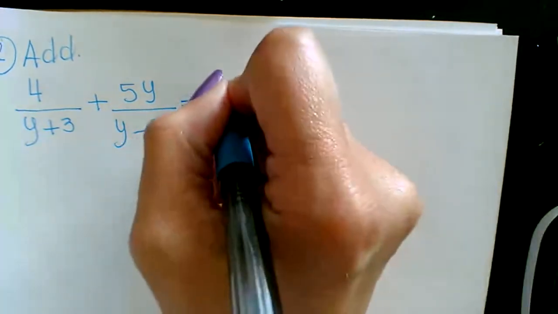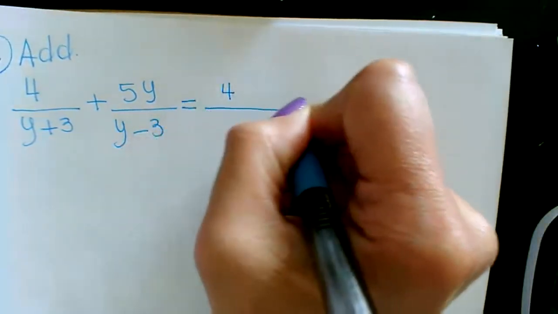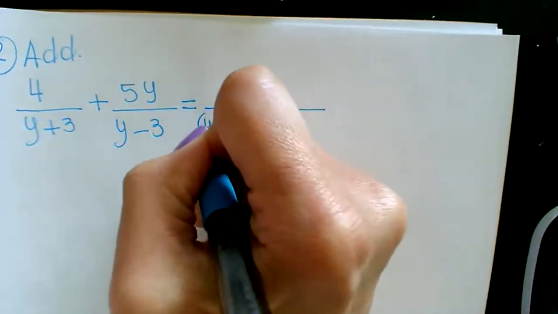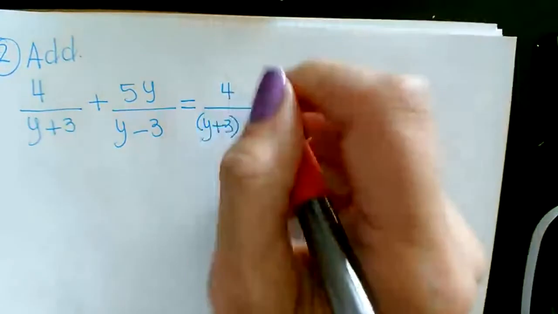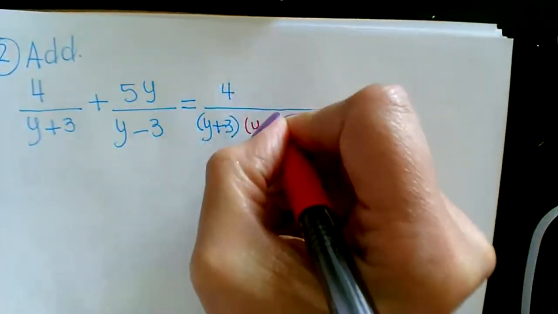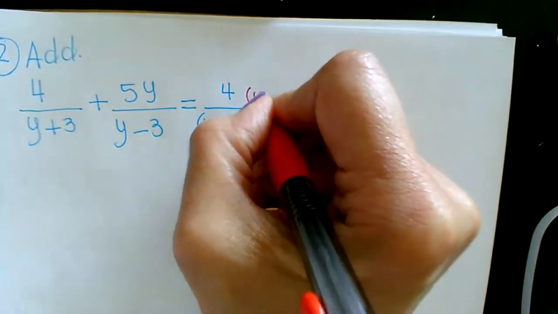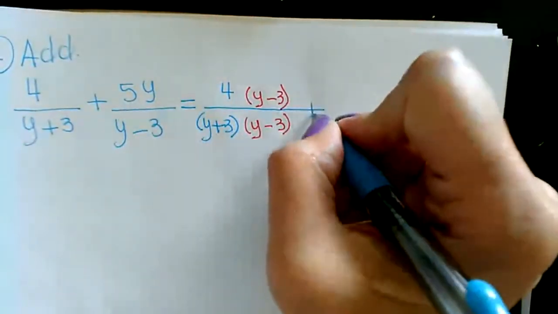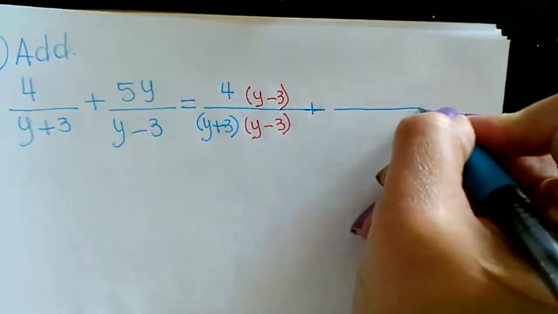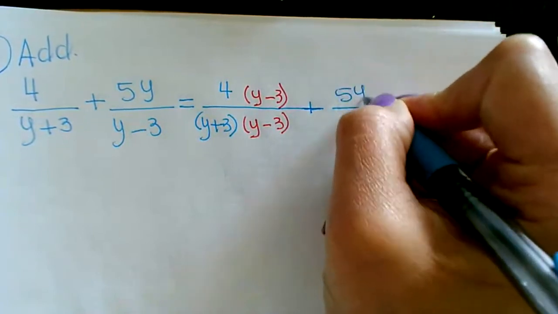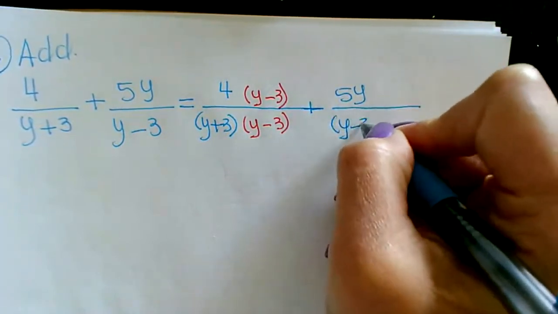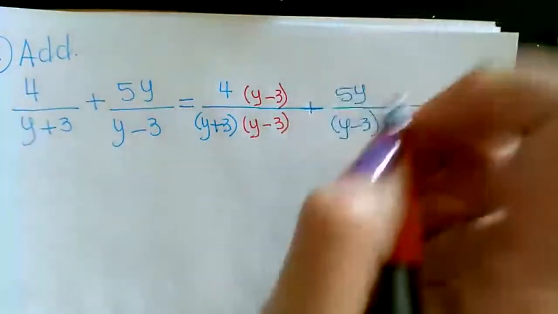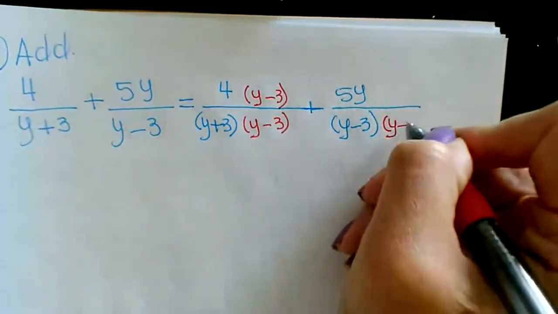So what I need to do: I have the y minus 3, but I don't have the y plus 3.